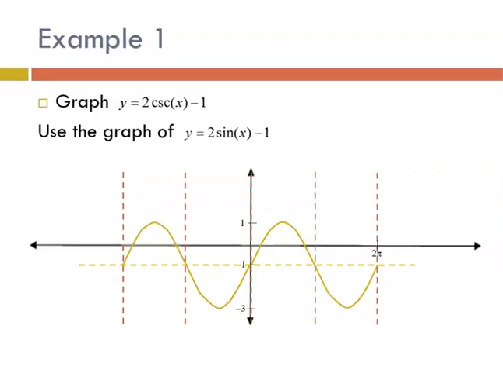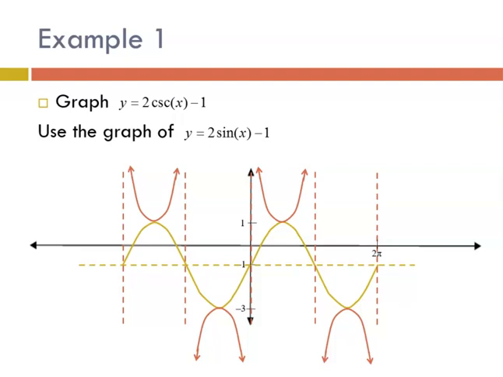And then once you have those drawn in, you can draw in your cosecant function. So if you remember the cosecant function, you take all your peaks in your sine function and you draw curves going off of those, and all your minimums, and draw curves going off of those.